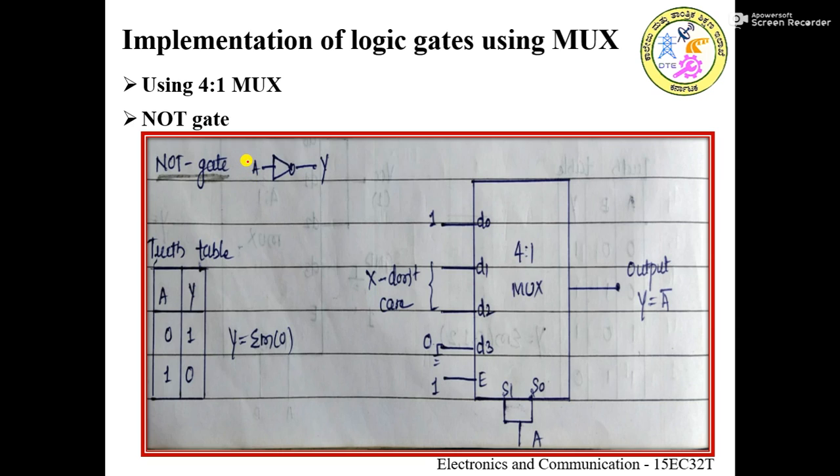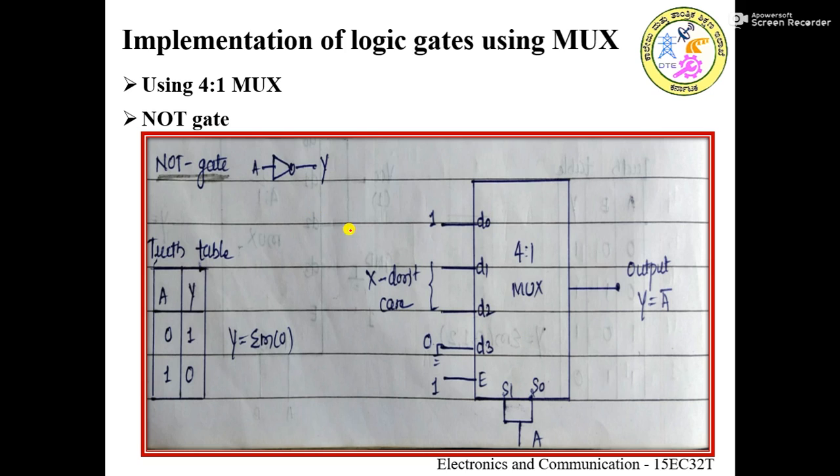And the last one is the NOT gate. In the NOT gate, this is a special condition, because the number of inputs of the NOT gate is only 1, whereas the number of select lines of the 4:1 mux is 2.